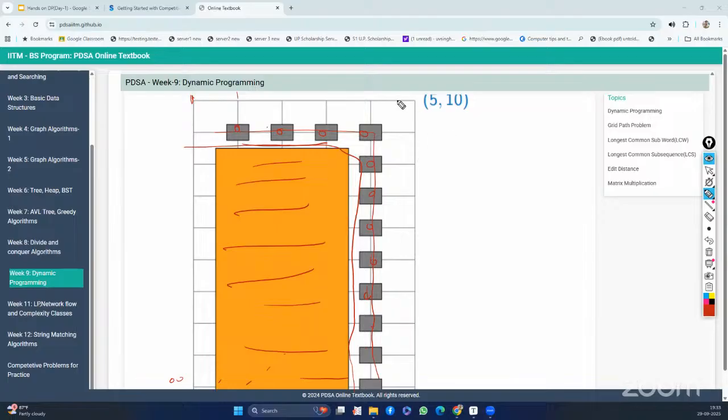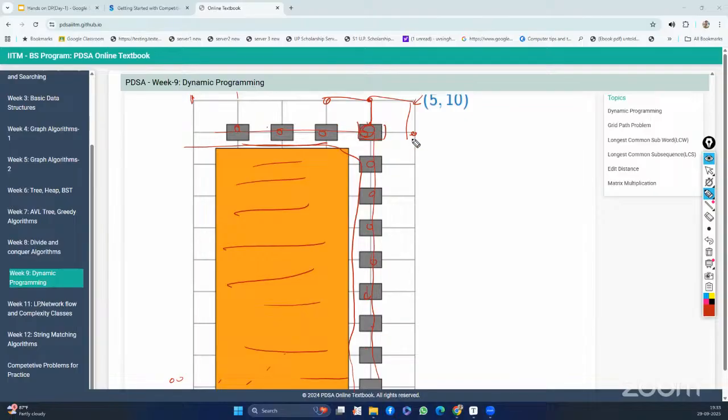But if you start this problem with the top-down approach, you start from this point and call this side and this side recursively. From here you call this side, and you will get a 0 and a blockage, so you will not call further. This is the base case for the recursive call, and your call will stop at this point.